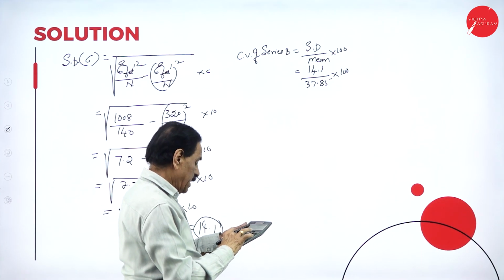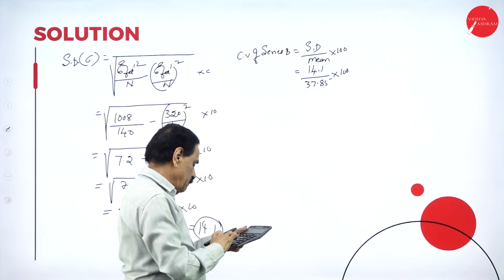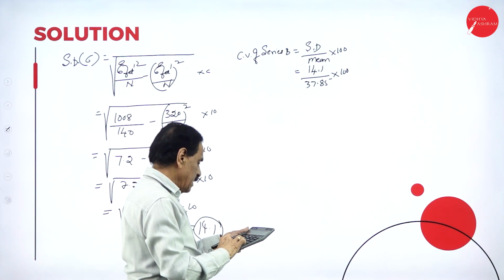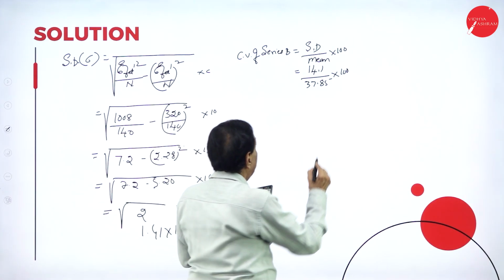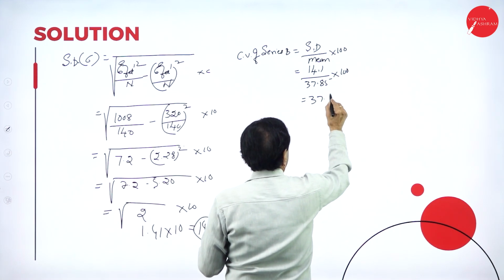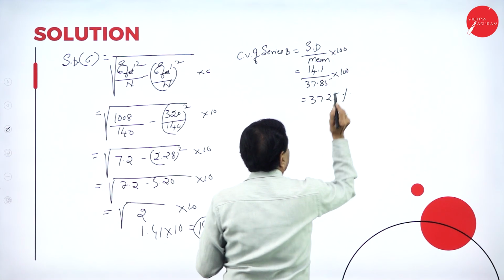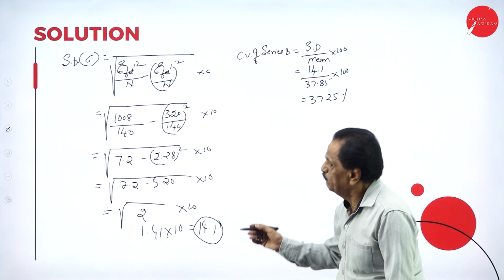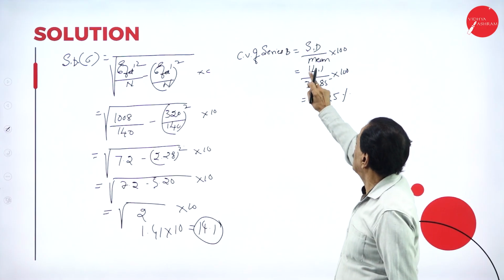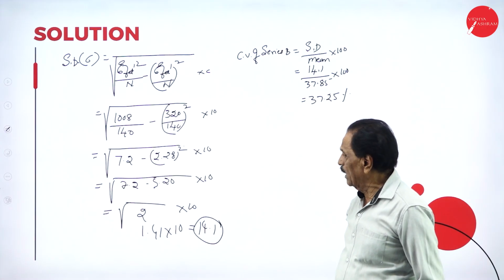That is 37.25%. First, we did the mean, then we used the standard deviation formula, then standard deviation divided by mean into 100.